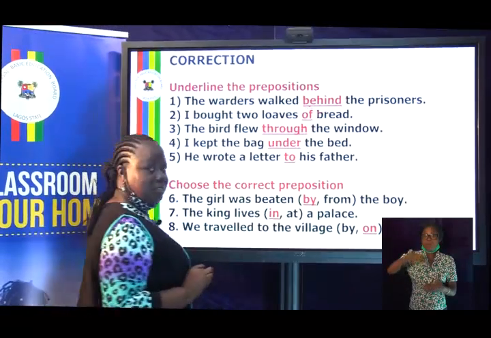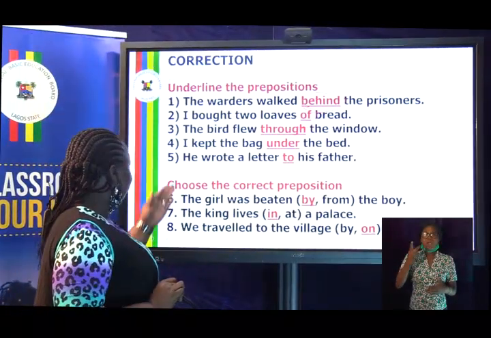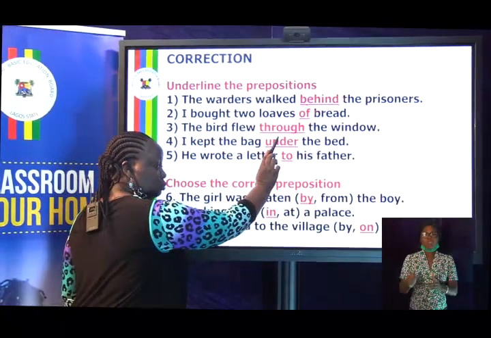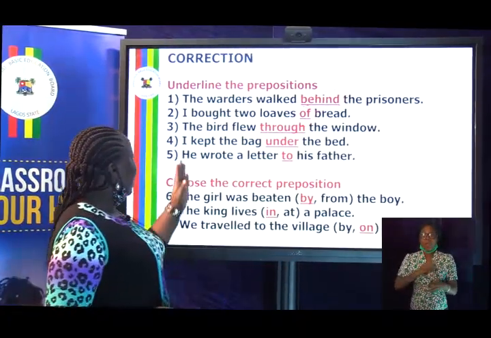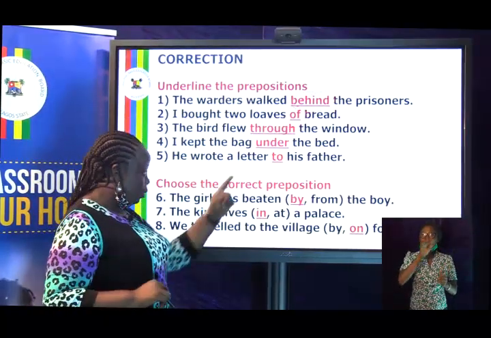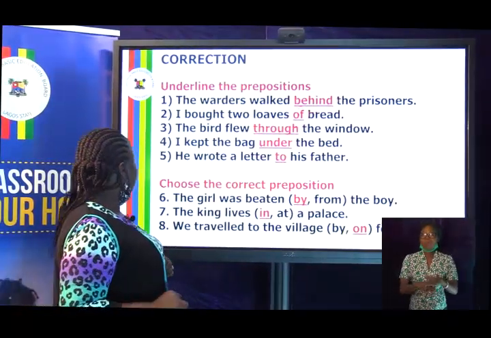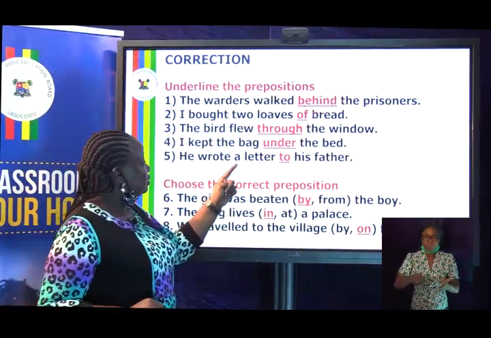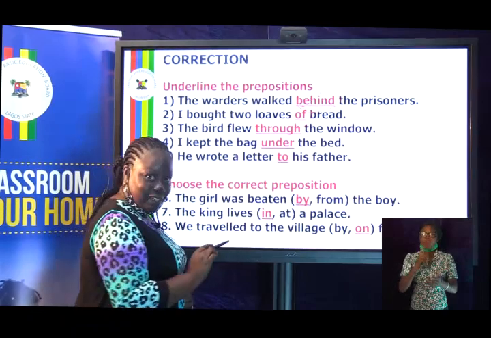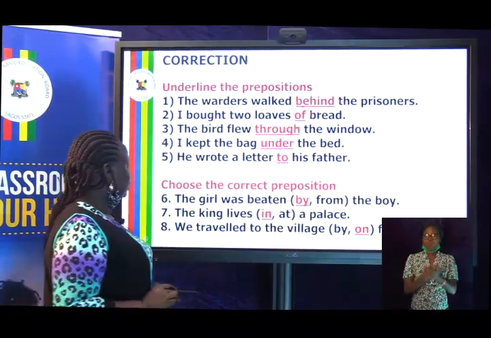The preposition is of. The bird flew through the window. Did you underline through? I kept the bag under the bed. I am sure you underlined under. He wrote a letter to his father. Somebody underlined to. Well done.